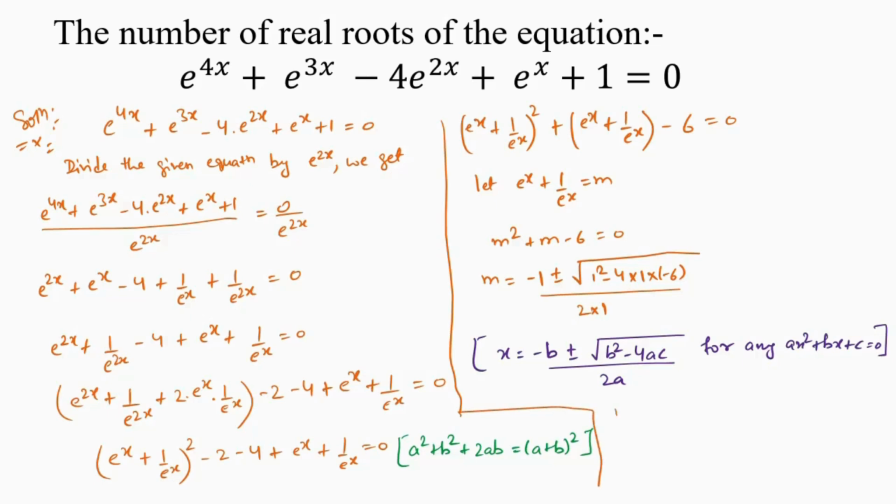On solving, we get m equals minus 1 plus minus under root 25 divided by 2, which is minus 1 plus minus 5 divided by 2. From here we get the two values of m, that is minus 3 and 2.